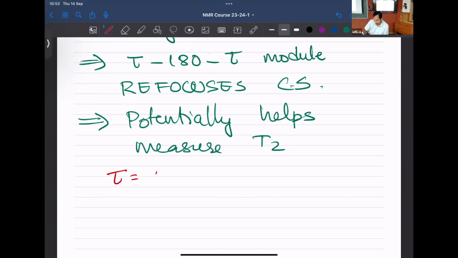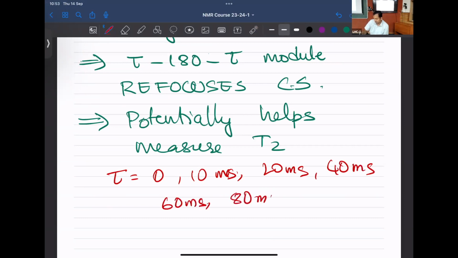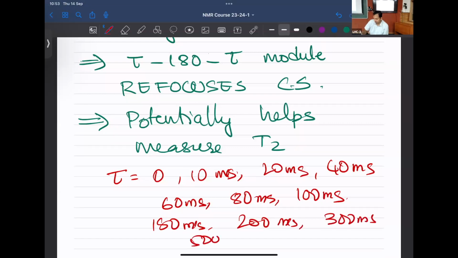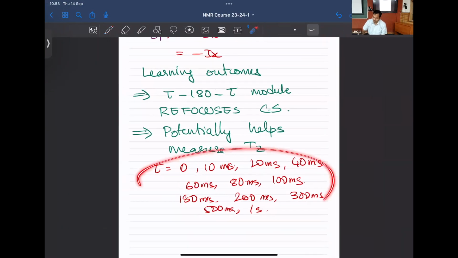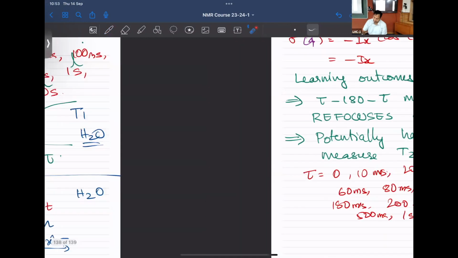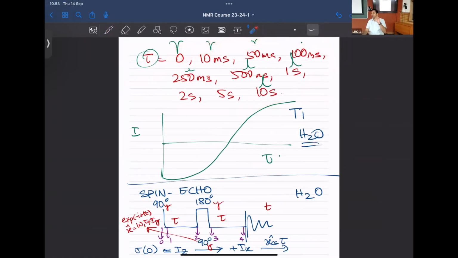Yet again, take tau as 0, 10 milliseconds, just giving some examples, 20 milliseconds, 40 milliseconds, 60 milliseconds, 80 milliseconds, 100 milliseconds, 150 milliseconds, 200 milliseconds, say 300, 500, and maybe 1 second. Slowly, you also realize that I'm carefully making a choice for the tau delay for transverse relaxation, which is vastly different from the T1 measurement. We know for a fact T1 is much longer than T2. Therefore, the time delays have to be carefully chosen to fit the curve.